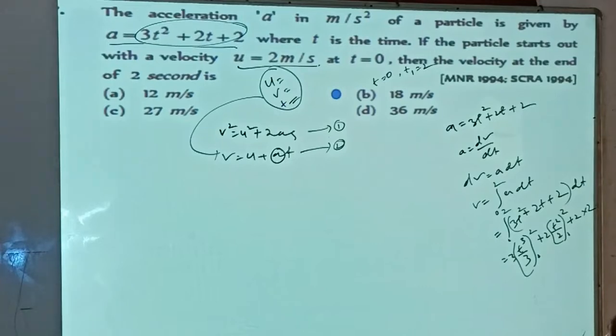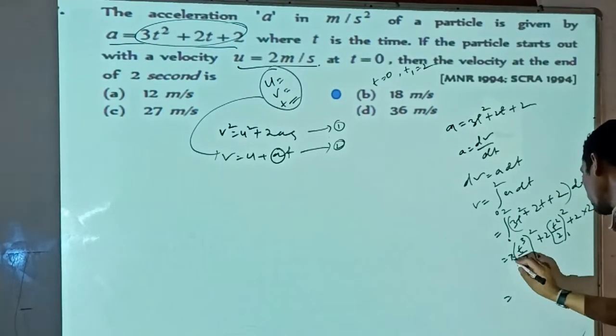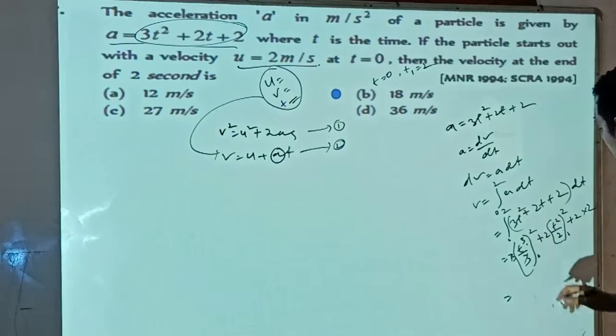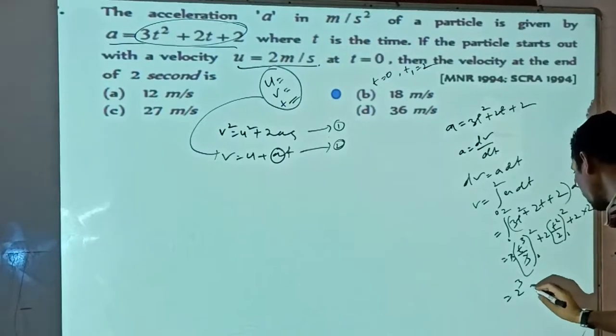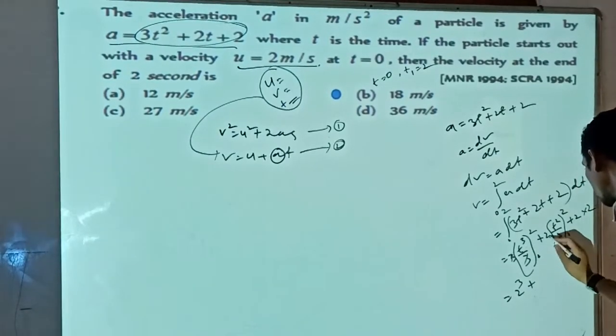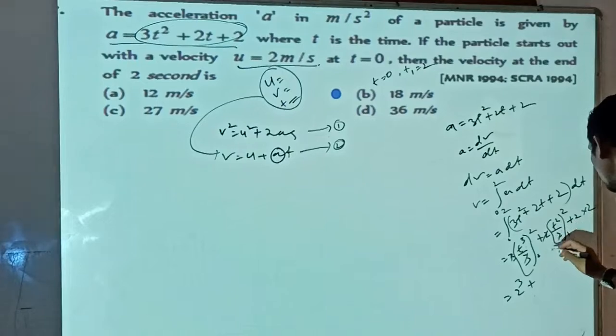Directly I am just putting the value of this integration over dt, that is t, and putting the value of the lower and upper limit, that is 2. Okay, so 3 will be cancelled out, 3 square, the value of t is 2, upper limit is 2, so 2 to the power 3. Plus 2 again will be cancelled out, and the value of t is 2.